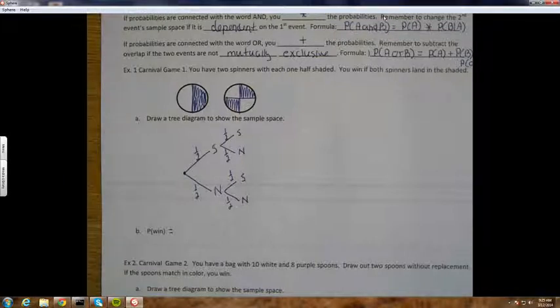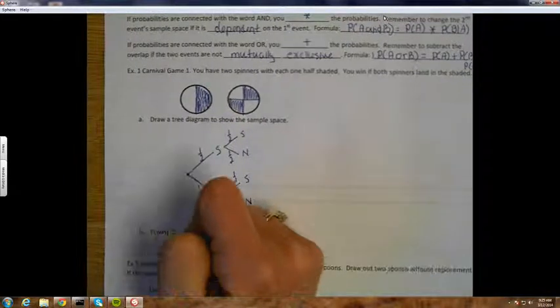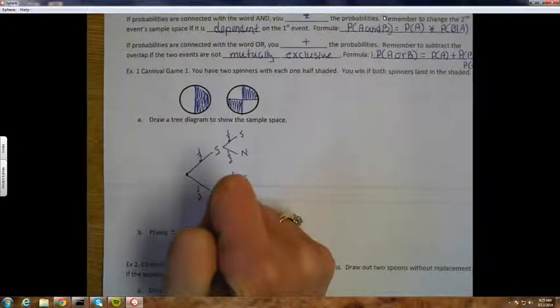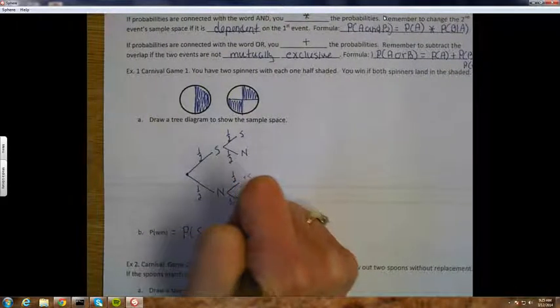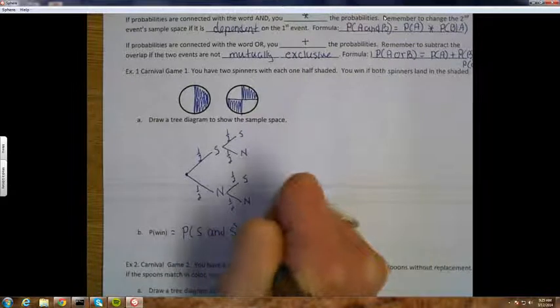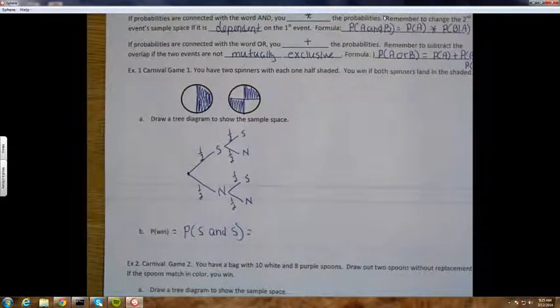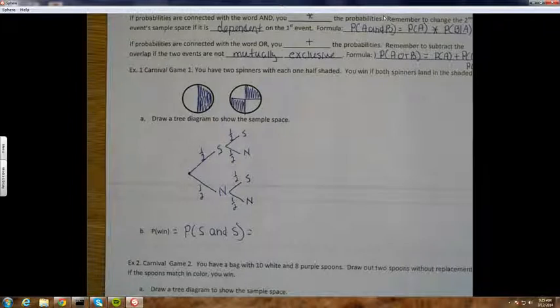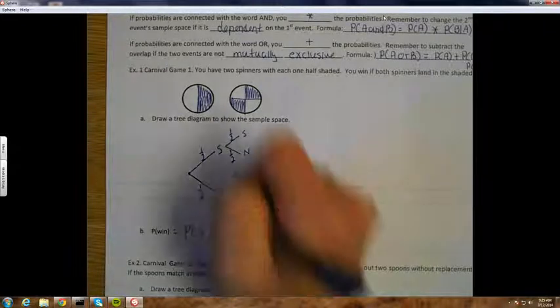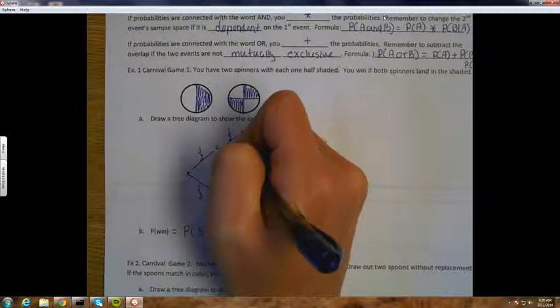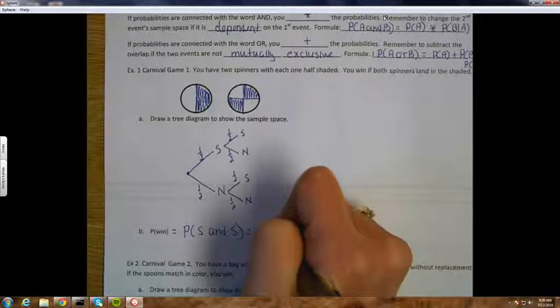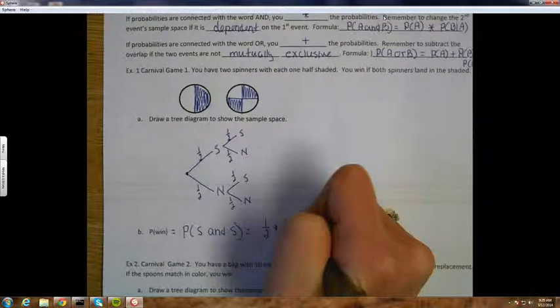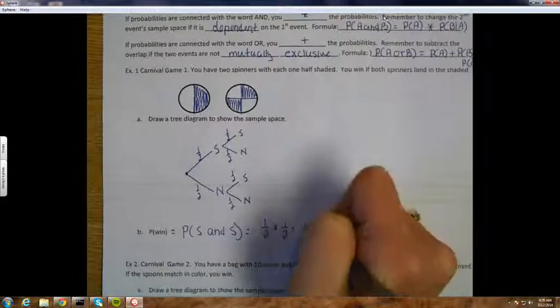Right there it tells you what you're going to be doing. So I'm going to rewrite that as the probability of shaded and shaded. Now you know exactly what to do. What are we going to do with the probabilities? Multiply. So it's going to follow that branch out. 1/2 for the first one, 1/2 for the second one. So the people that guessed the 1/4 were correct.